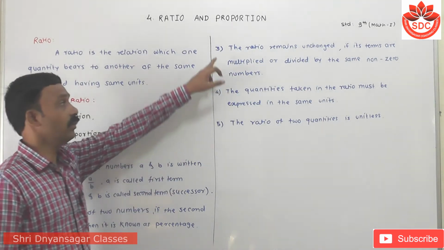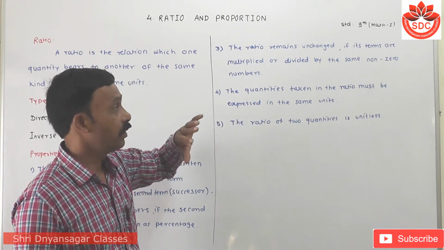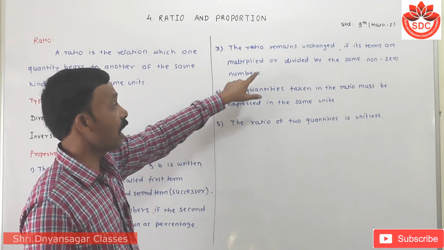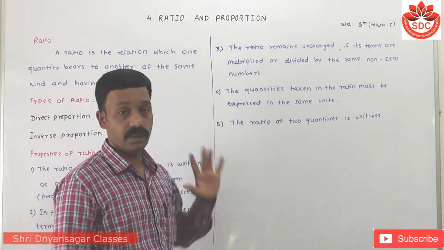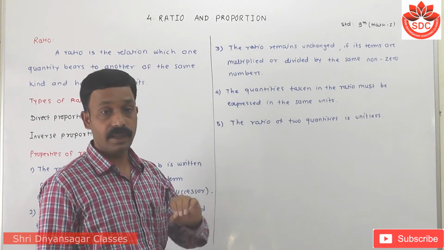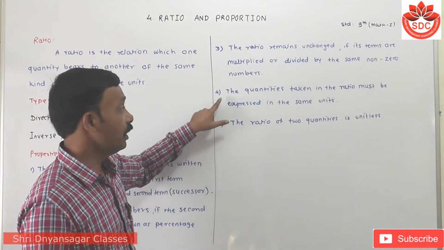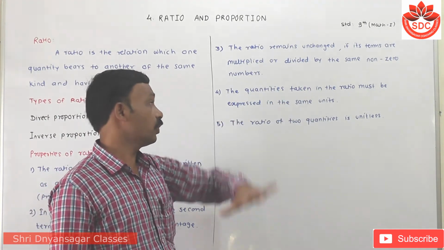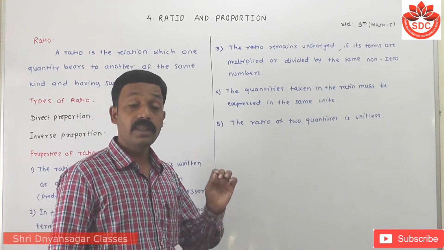Third, the ratio remains unchanged if its terms are multiplied or divided by the same non-zero number. म्हणजे इथे नॉन झिरो नंबर्स जर मल्टिप्लाय किंवा डिवाइड केलं तर रेशो मध्ये कोणताही चेंज होत नाही. Then, two quantities taken in the ratio must be expressed in the same units. Units same असलं पाहिजे.